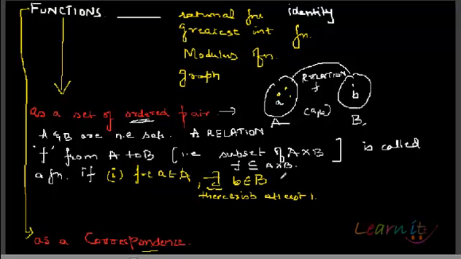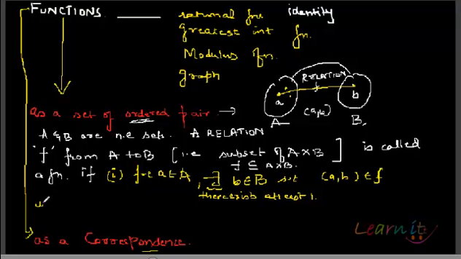So there exists b in B such that the ordered pair (a, b), the relationship between a and b, belongs to F, that is, a is related to b.